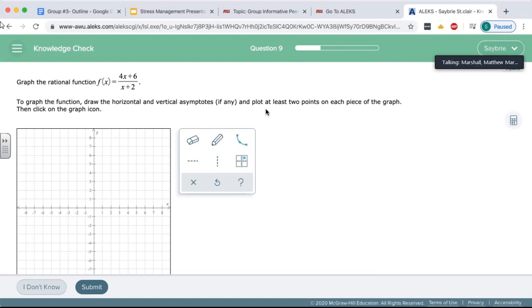So I'm going to set this up in Desmos for sure. Let's see what Desmos tells me. Y equals 4x plus 6 over x plus 2.